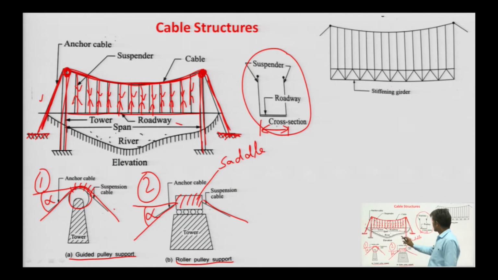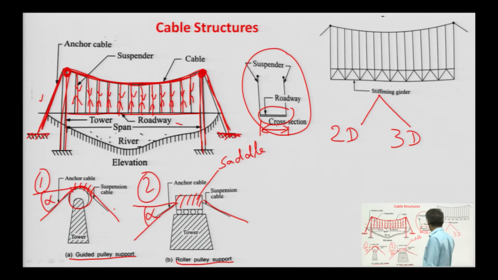Okay. And one more thing, this roadway can be stiffened, by means of either 2D or 3D. This is actually a girder, the beam, but it is stiffened.